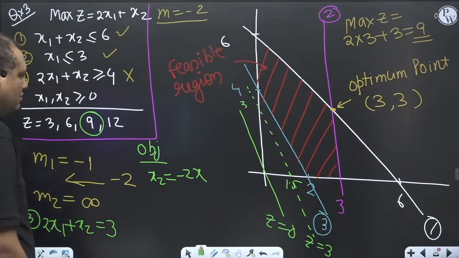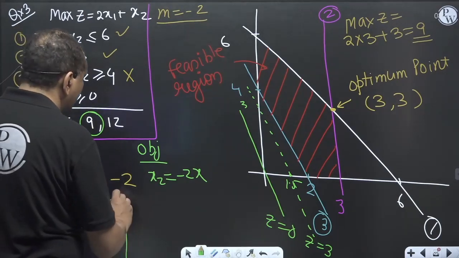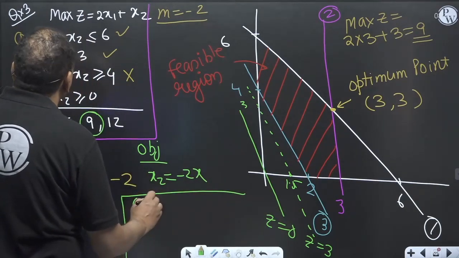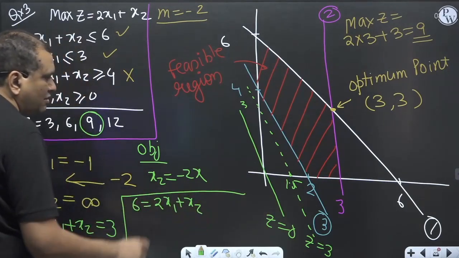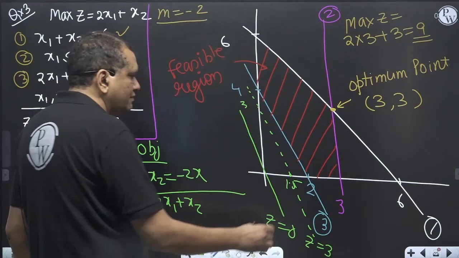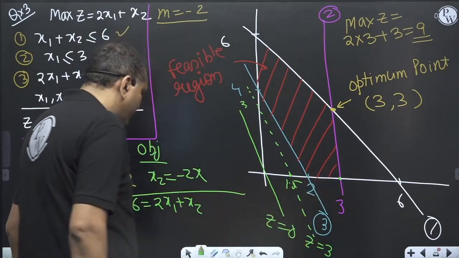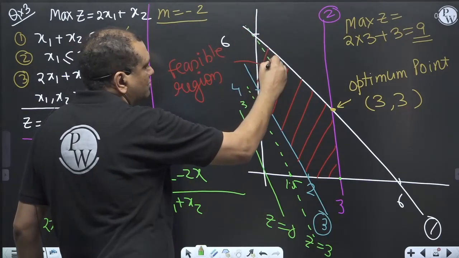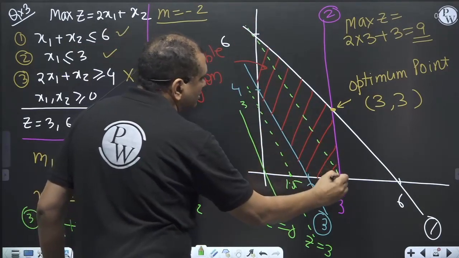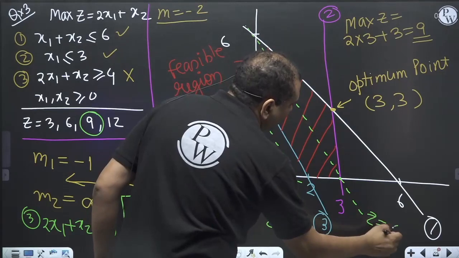Now 6, 2x1 plus x2. So x1 will be 3, x2 equals 6. Z equals 6.